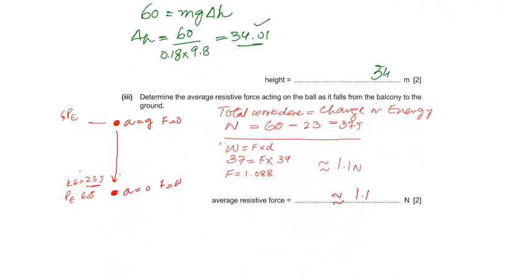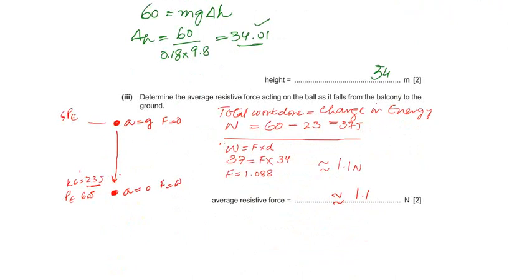Work done equals 60 minus 23 joules, that is 37 joules. So the work done by the air is 37 joules. The force applied by the air is F, and the displacement is 34 meters. So 37 equals F times 34, then F becomes 1.088, meaning about 1.1 newtons, right?